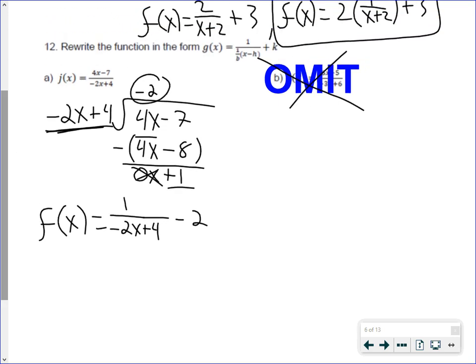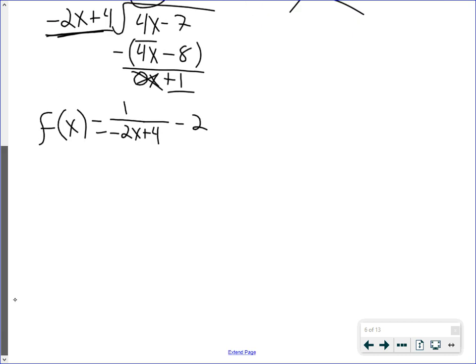So the only problem here now is that if we compare what we have here in f of x with this g of x over here, we don't have a coefficient in front of the x on the bottom, right? Looking at the denominator, we can see that we don't have a coefficient in front of the x. So that means we have to take out that negative 2 in front of the x to make sure that our coefficient of x stays 1.